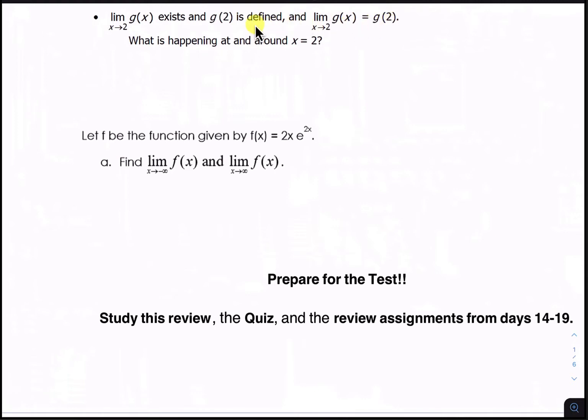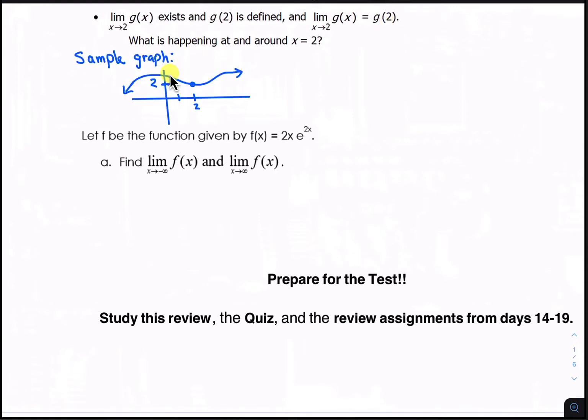What that is saying is that the limit exists, so the limit from the left and the right must be approaching the same point. Also, g of 2 is defined. That means there is a y value there at 2. And then this is saying that the limit, whatever the y values are approaching from the left and right, has to be the same as the y value at 2.